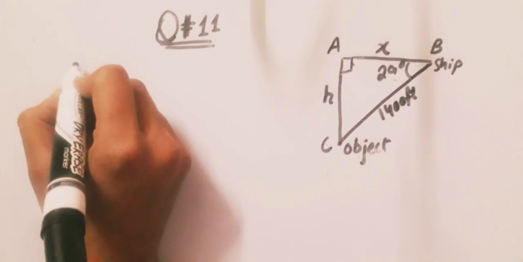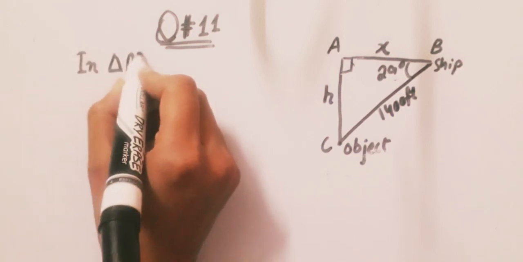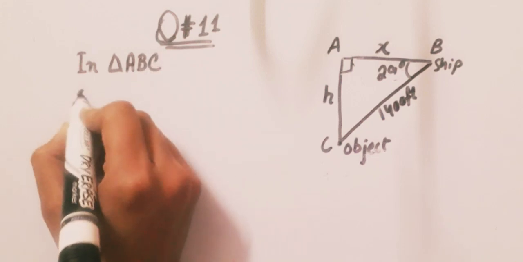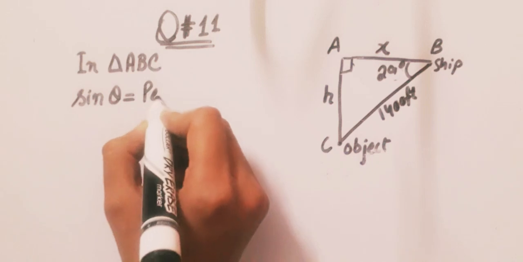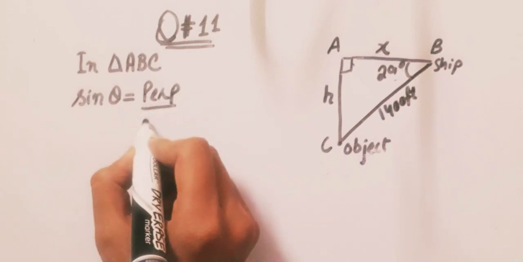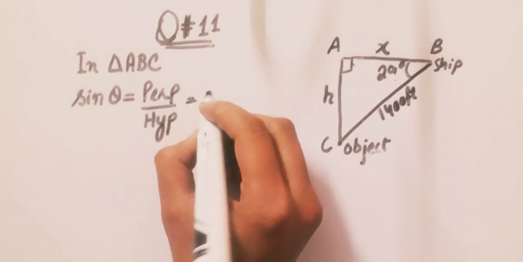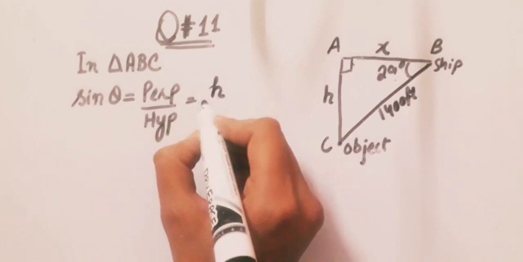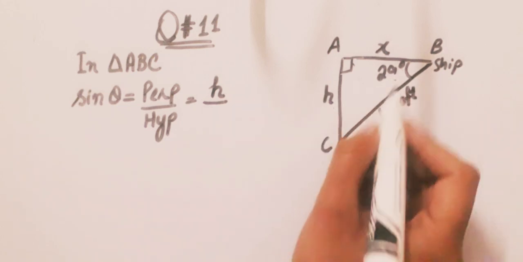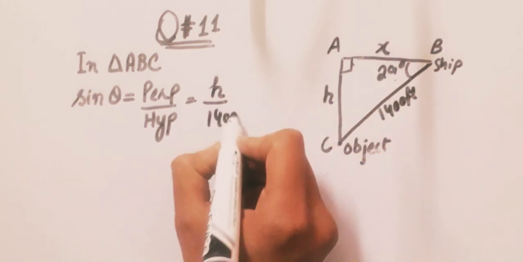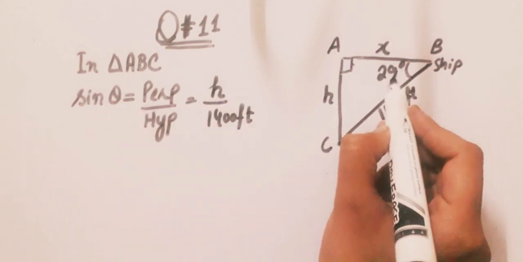So in right angle triangle ABC, sine theta is equal to perpendicular over hypotenuse. So the value of perpendicular is h and the value of hypotenuse is 1400 feet, and theta is equal to 29 degrees.